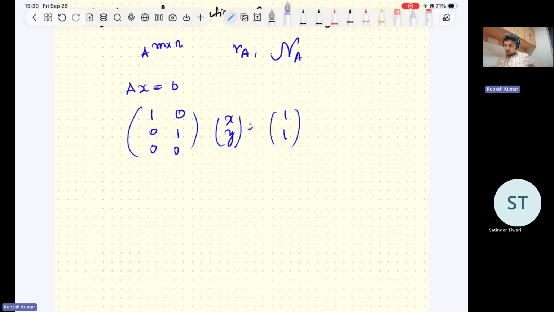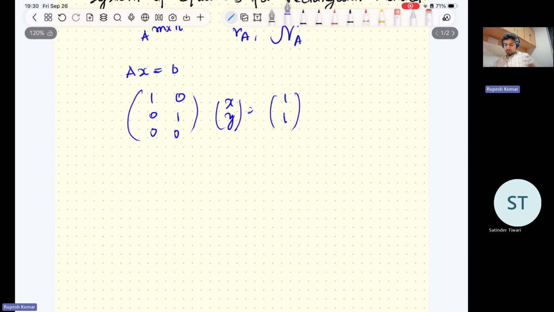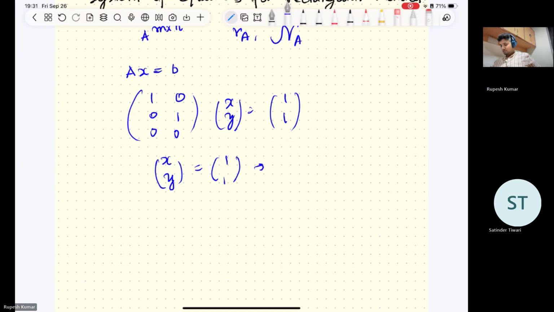Do we have a solution for this system of equations? It says simply (x, y) equals (1, 1), so we have a unique solution here. Do you agree with this?